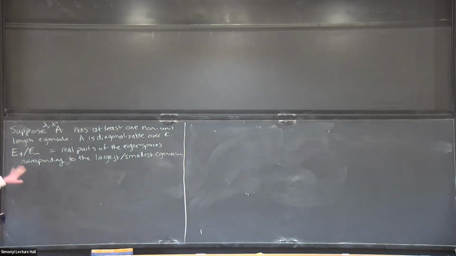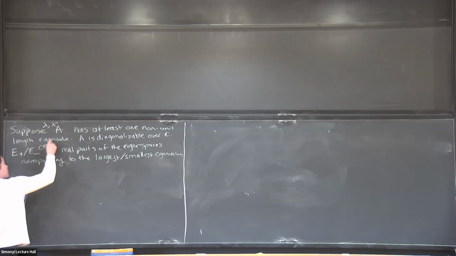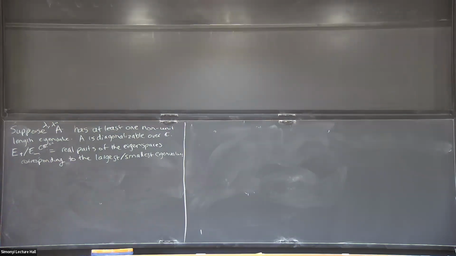So you can think of E plus as the real space that grows under A, and E minus is the space that contracts under A.